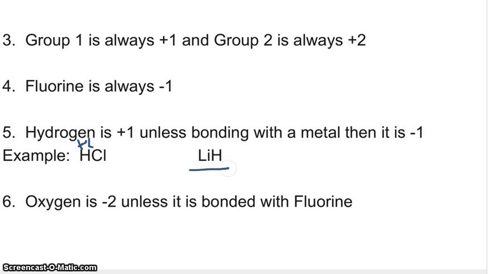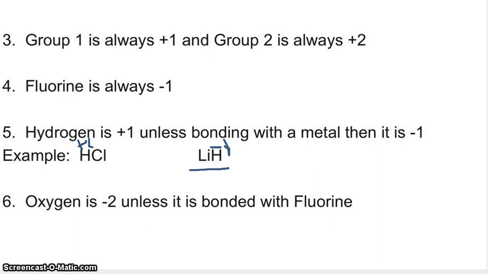Let's say we saw an example like lithium hydride. In this case we have a hydride, and you see how it's second in our formula with a metal first. It's going to have the oxidation state of -1. It doesn't happen very often, but if it does, a metal will cause hydrogen to have an oxidation state or charge of -1.